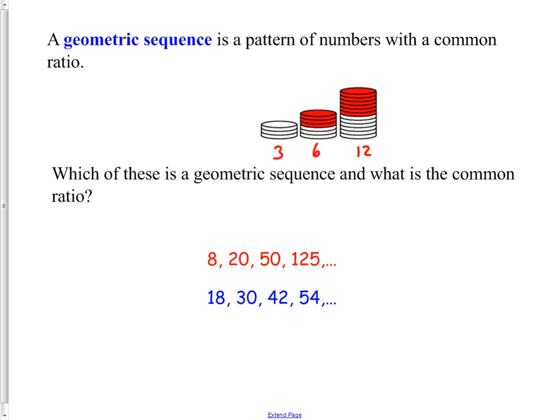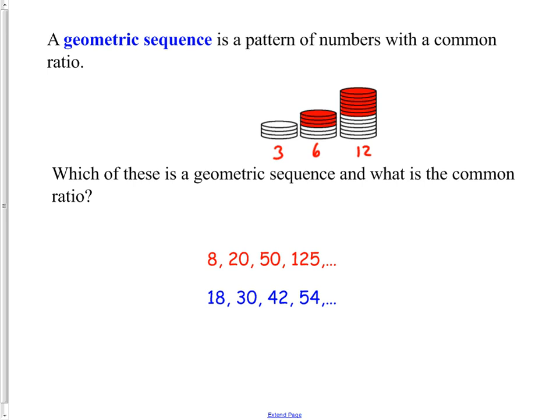With geometric sequences, we're multiplying the previous number by a constant value. In this case, we're multiplying the previous value by 2 each time. So the next number in this geometric sequence would be 24, and then 48, and so on. So we're doubling the previous number.